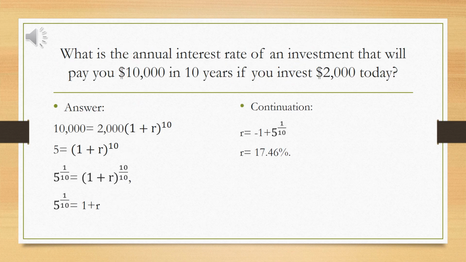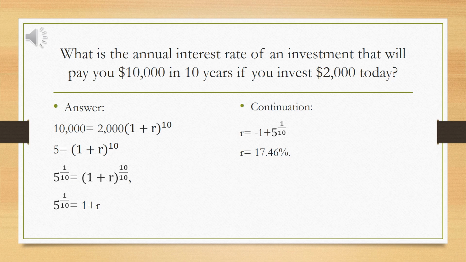What is the annual interest rate of an investment that will pay you $10,000 in 10 years if you invest $2,000 today? Well, $10,000 would be equal to 2,000 times (1 plus r) to the power 10. So 10,000 over 2,000 is 5.